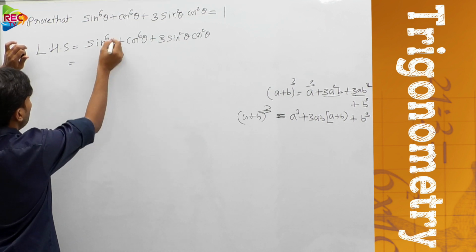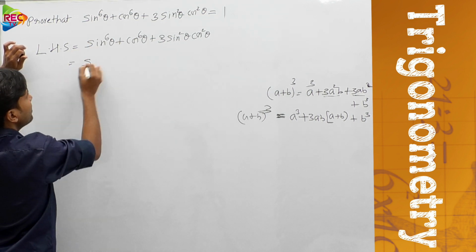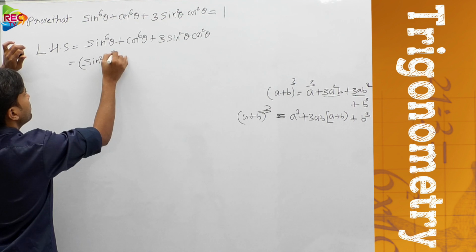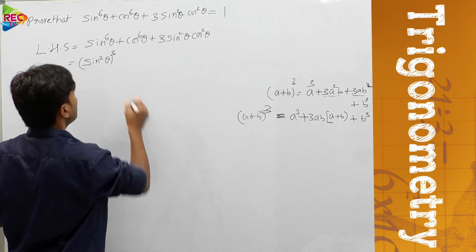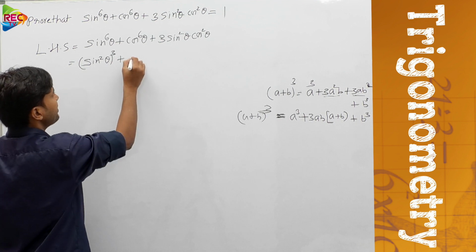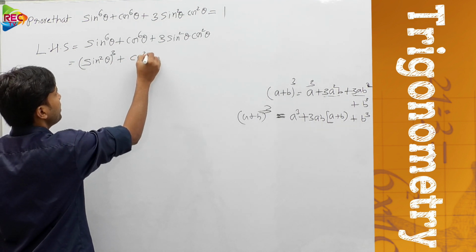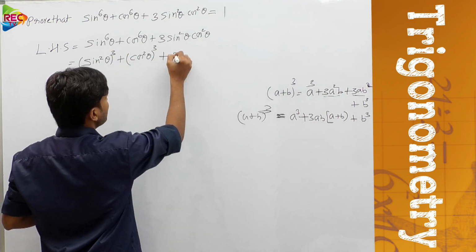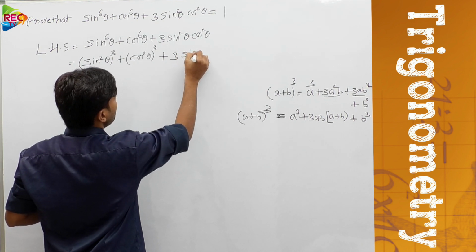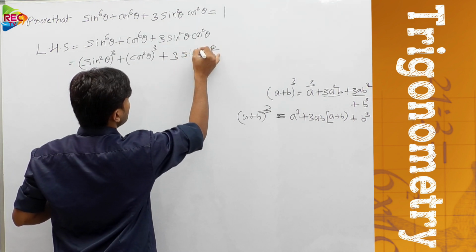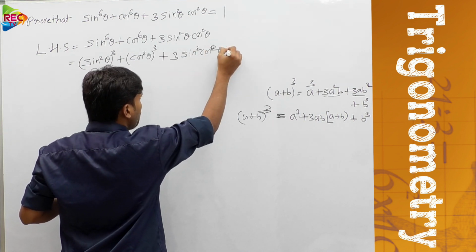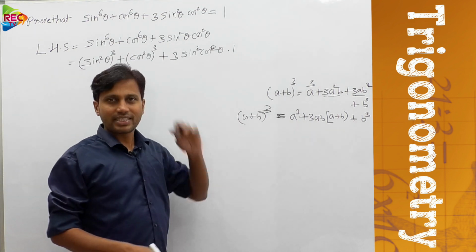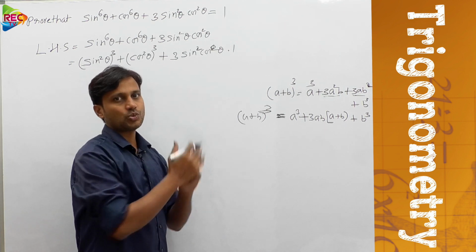See, I want to write this sine power 6 theta as (sine square theta) whole cube, and this cos power 6 theta can be written as (cos square theta) whole cube. Now I want to write this 3 into sine square theta cos square theta into 1, because when you multiply with 1, it remains the same. So I just want to adjust this as 1.